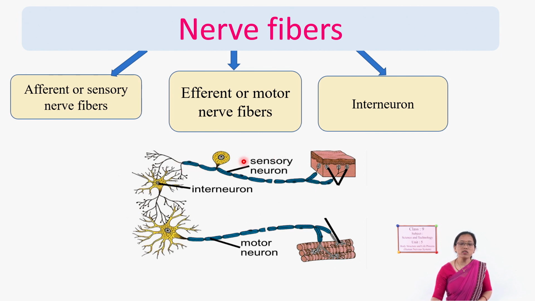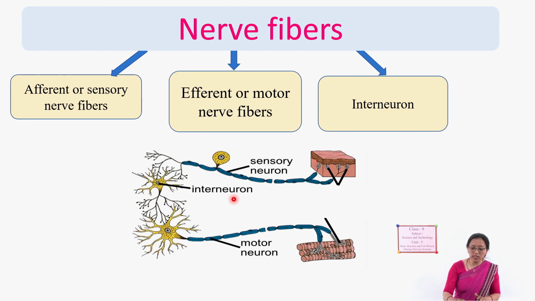This is called the sensory neuron, and there is a neuron between these two neurons. Another neuron is connected to the muscles. The neuron which is connected to the muscle is called the motor neuron, and in between the sensory neuron and motor neuron there is another connecting neuron. This connecting neuron is called the interneuron.